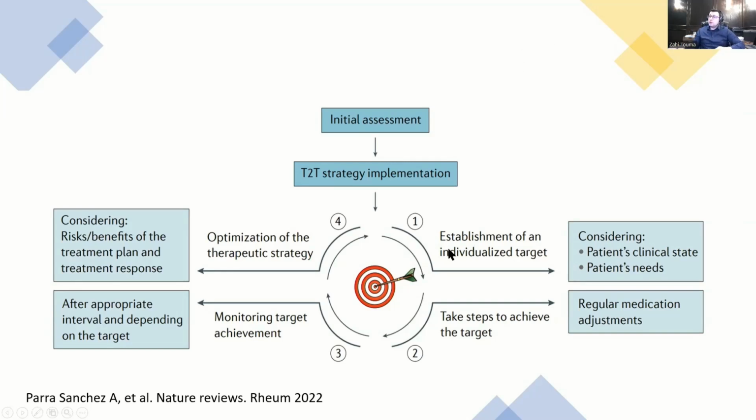Then you're gonna take a step to achieve the target. And you need to monitor this target, as we said earlier, and you wanna optimize your therapeutic strategy to make sure you're taking into consideration the risk and benefit associated with the therapy plan.